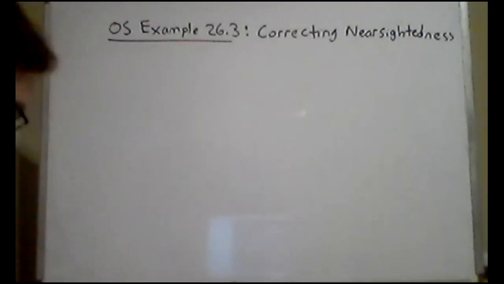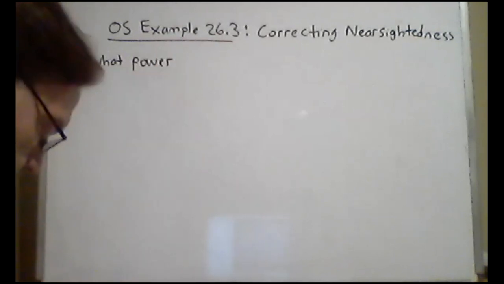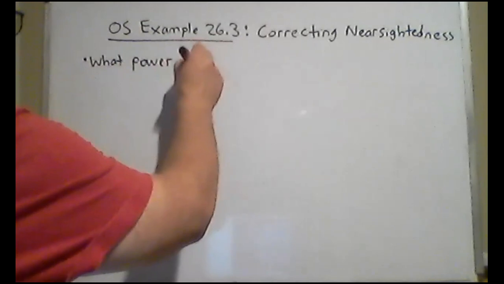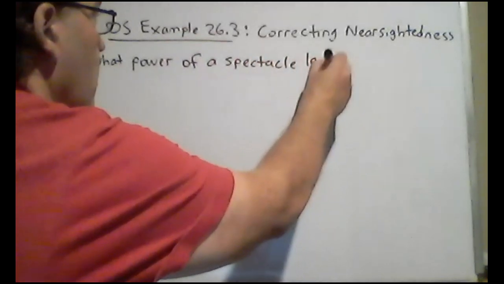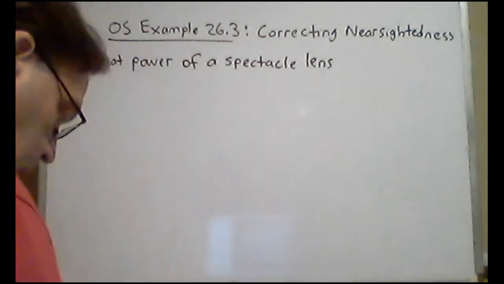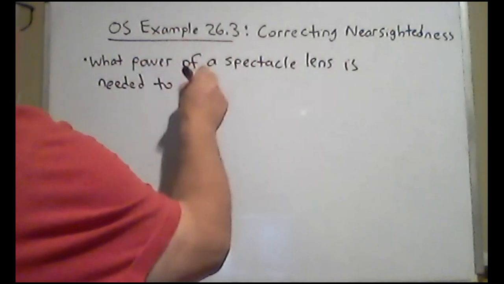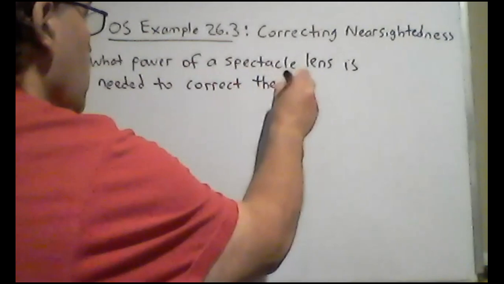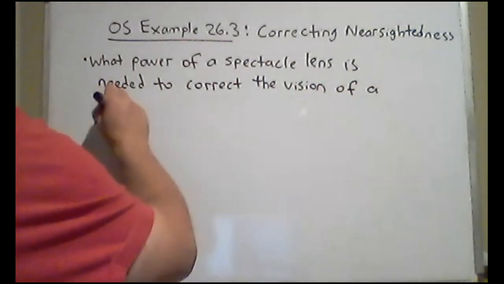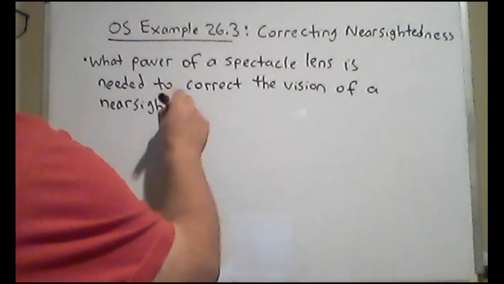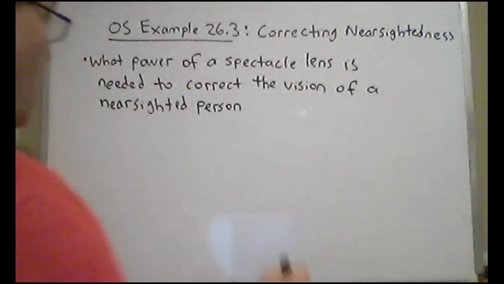Okay, so the question is, what power of a spectacle lens is needed to correct the vision of a nearsighted person whose far point is 30.0 centimeters. So not infinity, but only 30 centimeters.